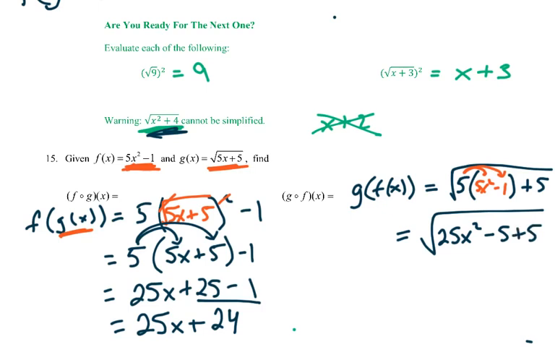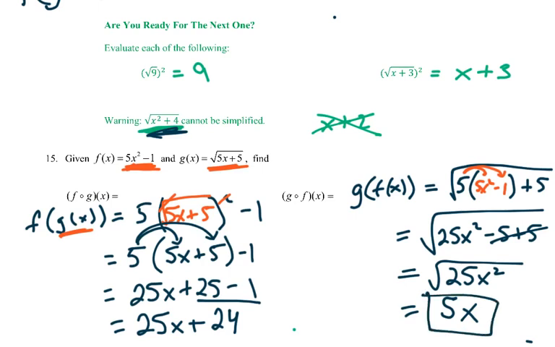Here, minus 5 plus 5 is equal to 0. So those cancel out, and that gives me the square root of 25x squared. These are not combined with addition, and since both of them have a perfect square, the square root of 25 is 5. The square root of x squared is x. And so this simplifies down to 5x. So this is my g of f of x, and this is my f of g of x. And again, notice how I did not get the same result.